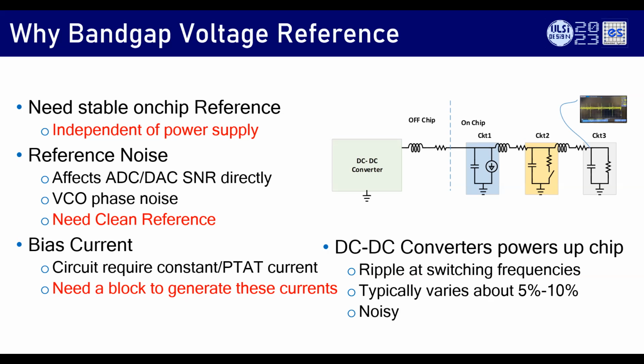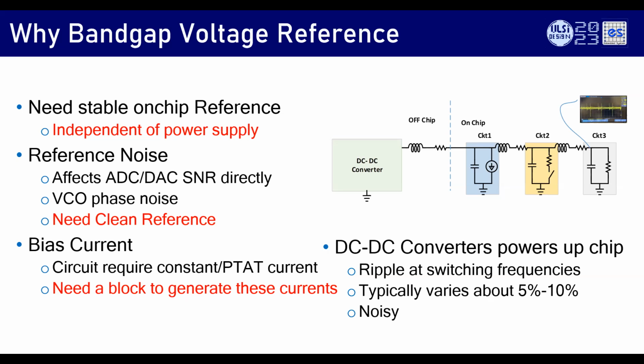And then you have a bond wire with certain very low resistance. It goes on chip. And then you can have multiple circuits. For example, a circuit can have a current source load, or it can have a switched resistor load, or it can be a resistive load. These are the most typical loads a circuit presents to the power network.